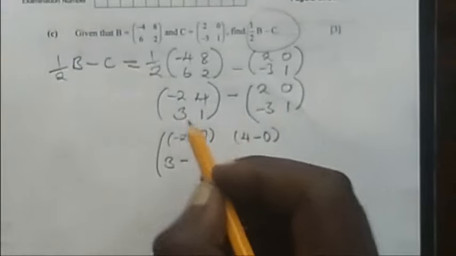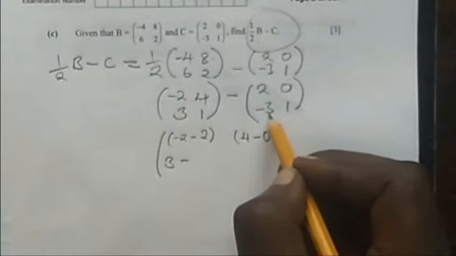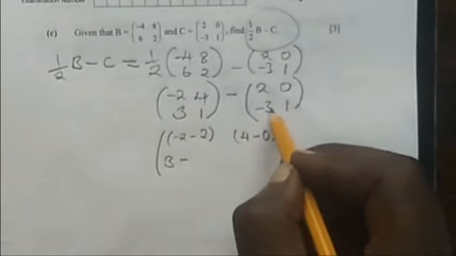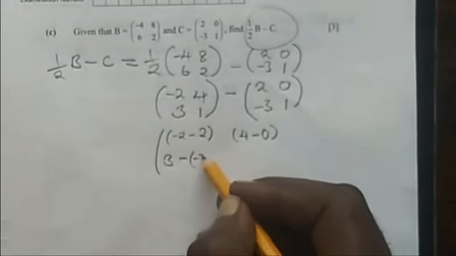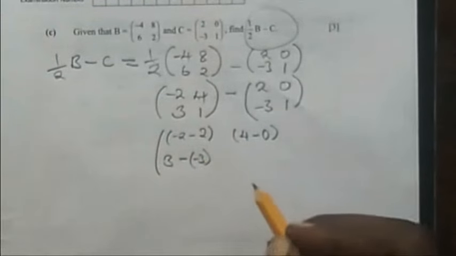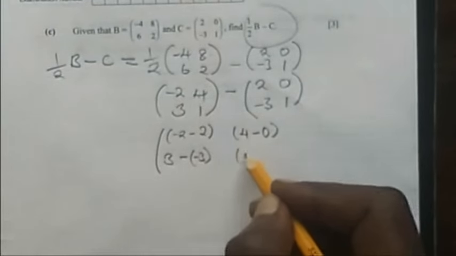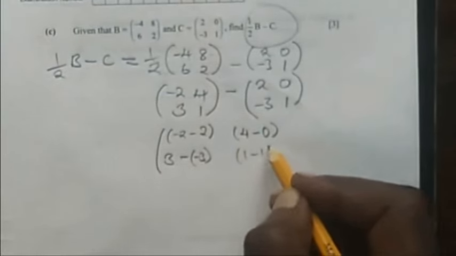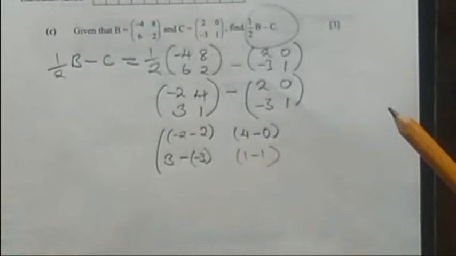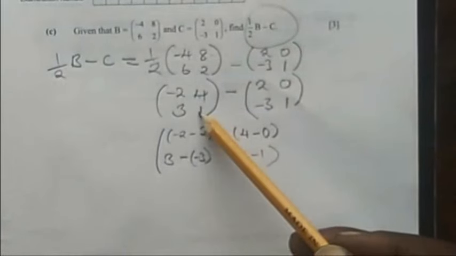As you can see, this 3 is corresponding with this 3. So I'm going to come up with -3, close bracket. Then 1 corresponds with this 1. So I'm going to come up with 1 minus 1, close bracket. As you can see, this one and this one, they are all positives.